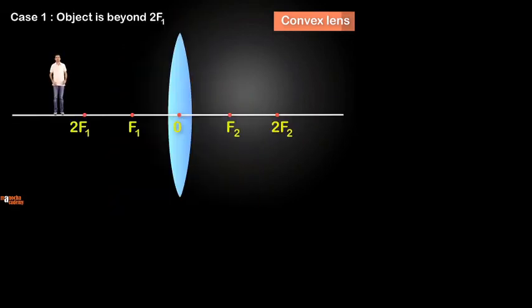So from my head, remember, we need to select 2 out of the 3 rules. Let's use rule 1. The ray which is parallel to the principal axis, after refraction by the lens, passes through the focus. So this is our first ray here. For the second ray, let's use rule 2.